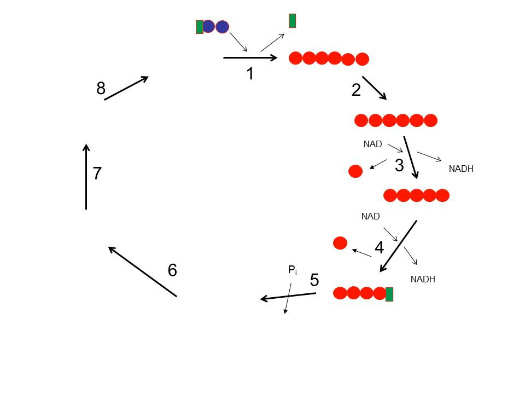An inorganic phosphate is going to be used in step 5. It is going to convert ADP into ATP. So succinyl-CoA becomes succinate in step 5. FAD is required for step 6.